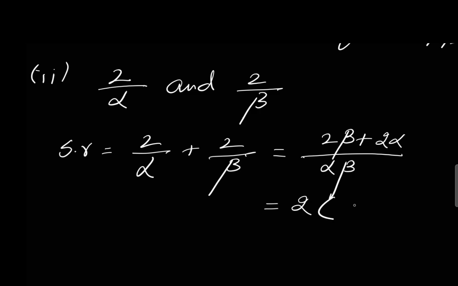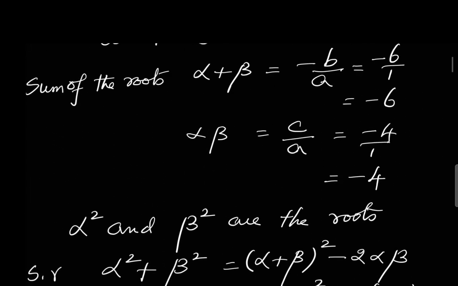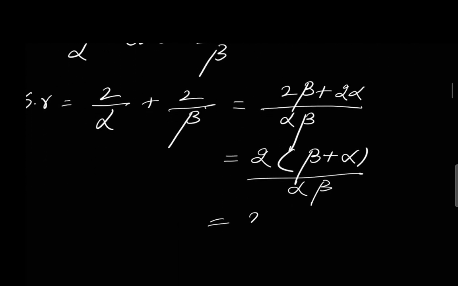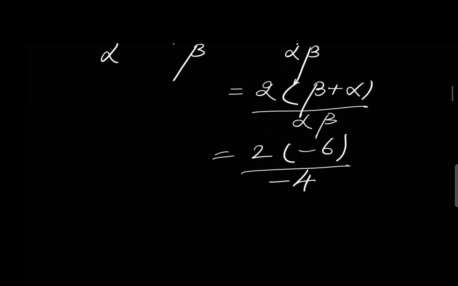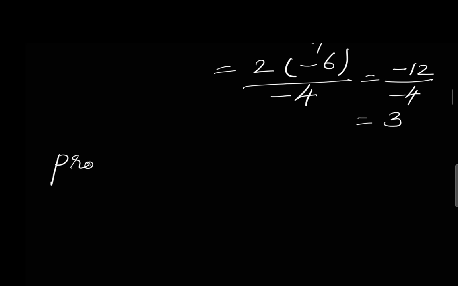Take 2 as common, so you will get beta plus alpha divided by alpha beta. So what you have got: alpha plus beta is minus 6, alpha beta minus 4. Substitute here 2 into minus 6 divided by minus 4. So 2 6s are 12, minus 12 divided by minus 4. Minus minus goes off. 12 in 4 it goes 3 times. So answer is 3.